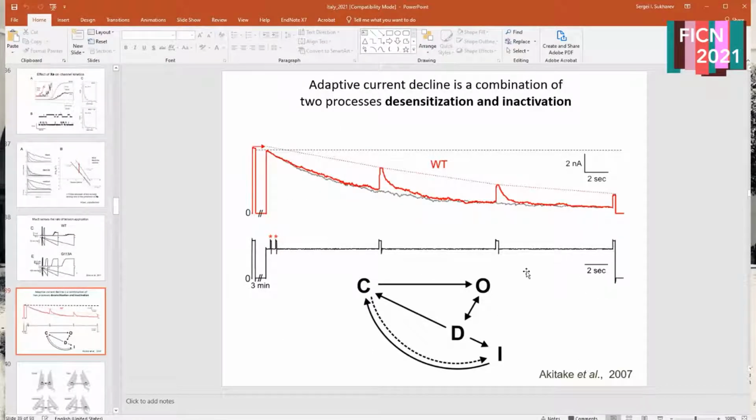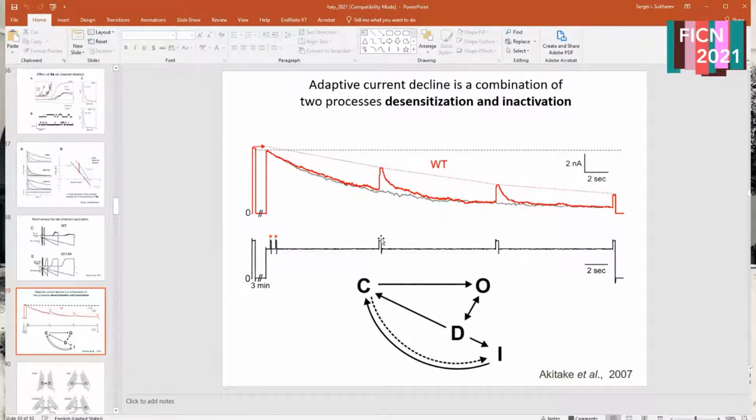So here's how we watch this process. We open the full population and see how big the current is. Then we step to a sub-saturating level and let the channel slowly adapt. It has this adaptive property. It adapts under non-saturating tensions.